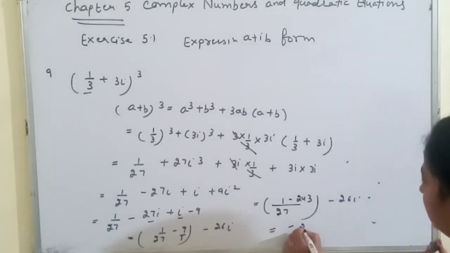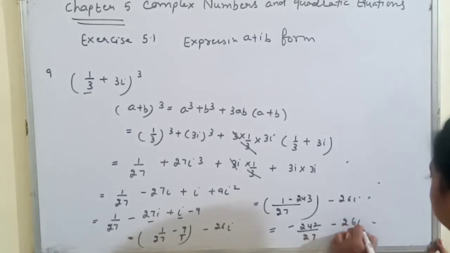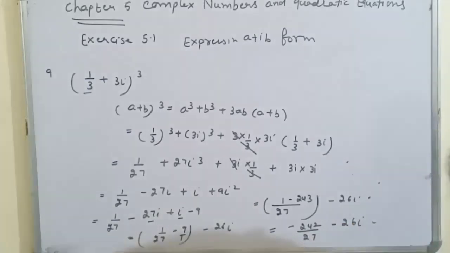So this will be minus 242 upon 27 minus 26 iota. Now this was the calculation for question number 9.